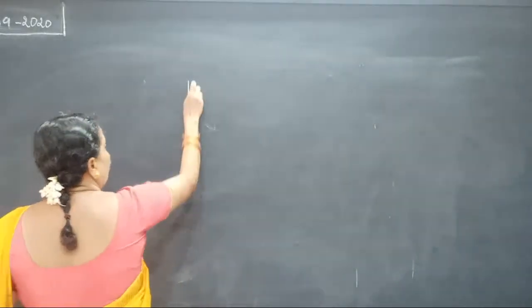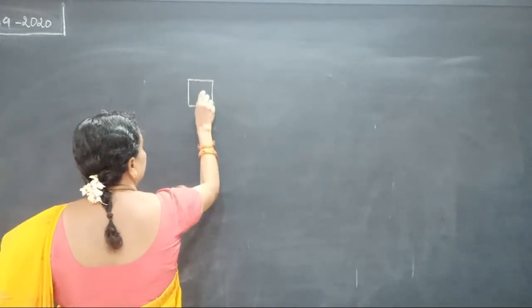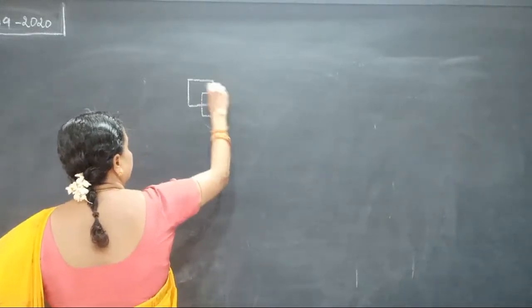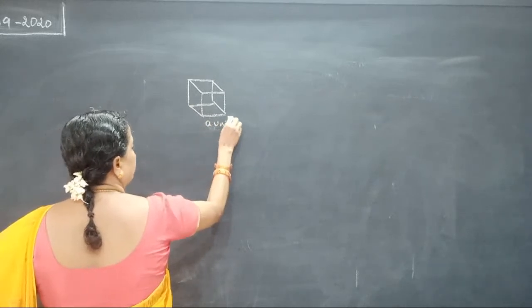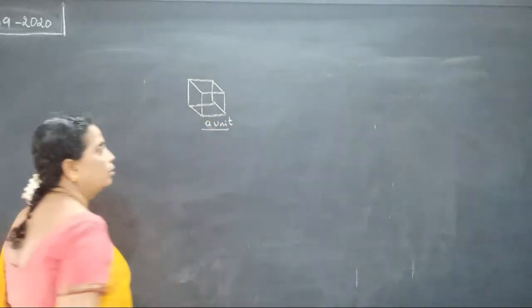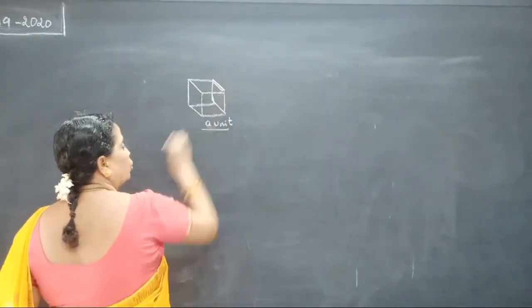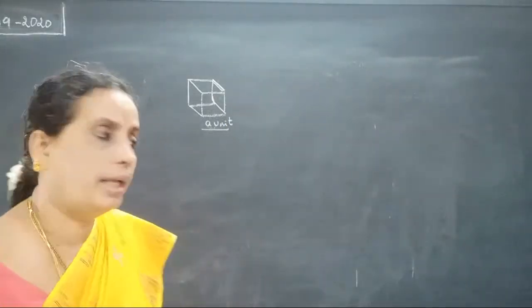Take a small cube of side a unit. Now we have to get the ratio between their total surface area as well as lateral surface area.